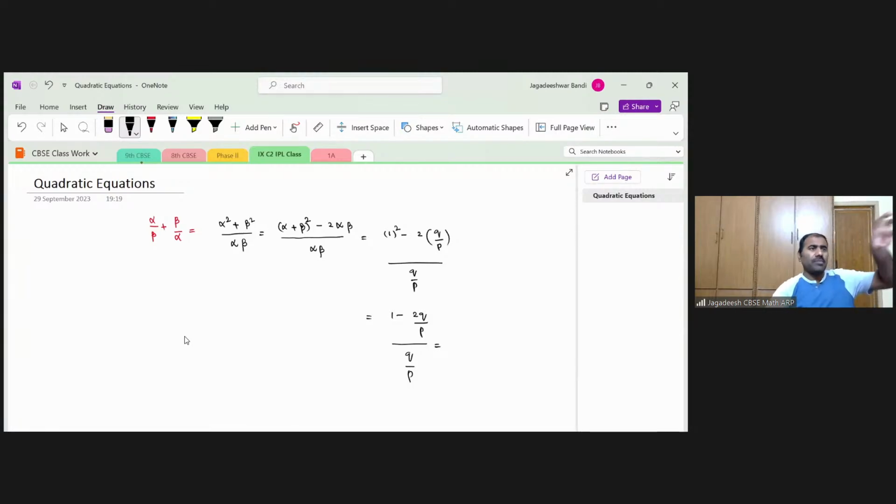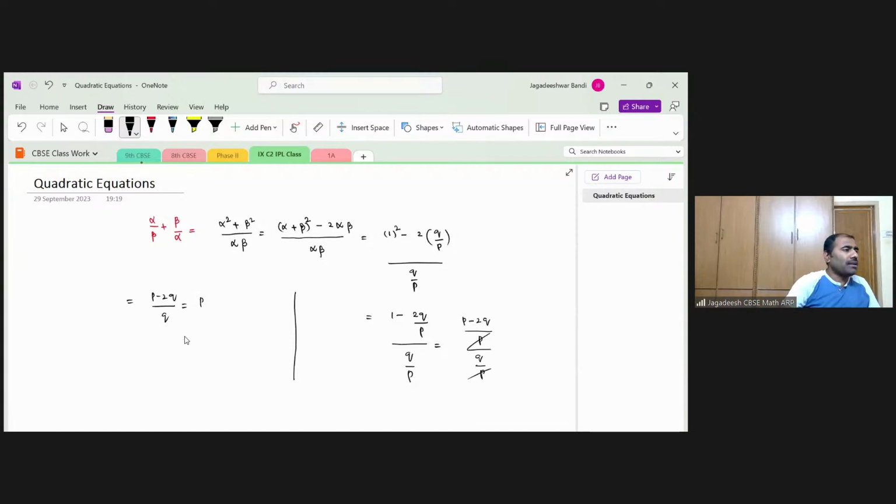Take LCM for the numerator, or simplify the numerator. We get p minus 2q by p divided by q by p. So p and p get cancelled. I will write the rest of the part here only. So finally, we get p minus 2q by q. Let us separate or split the fraction.